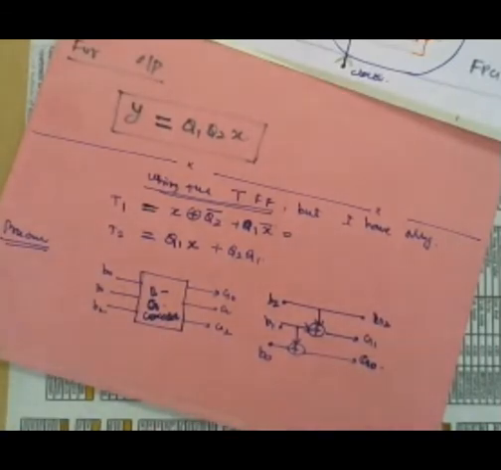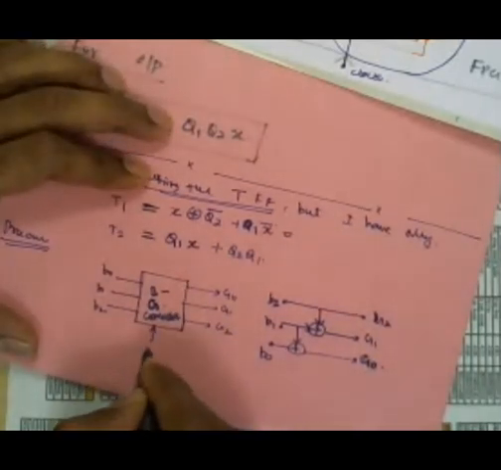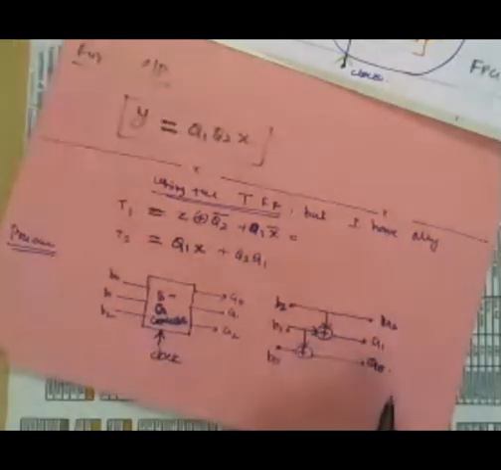So state S0 means 0, 0, 0, then the clock is applied. When the rising edge is applied, it will go to another state.